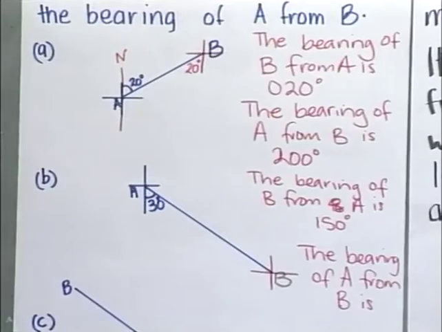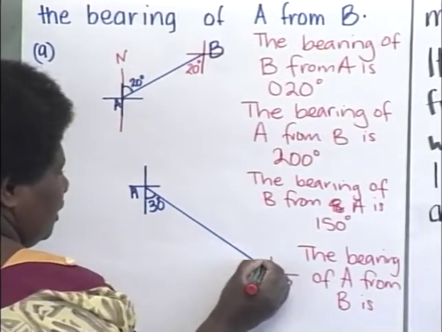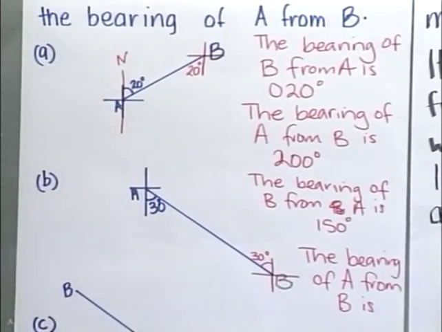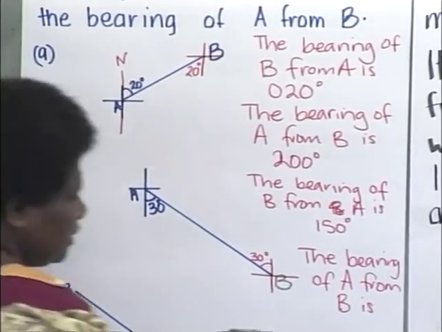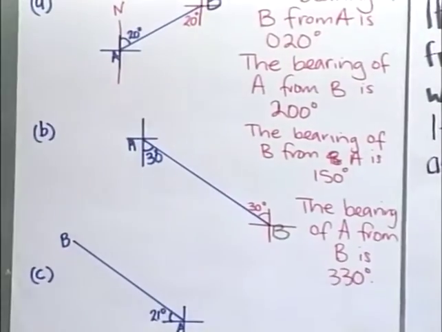Who else agrees with them? 1, 2, 3, 4, 5. 5 people only. Okay, this angle is alternate to this one, so it's also 30 degrees. Take away 30 degrees from 360 and you get 330 degrees. So she's correct.